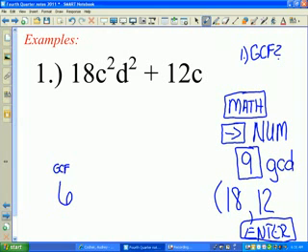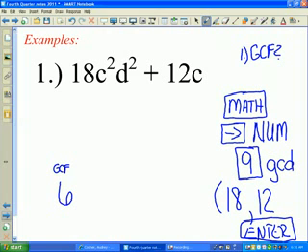So if you're given a list of 3 or 4 numbers that you want to find the greatest common factor for, you can only do 2 at a time. That's why I like to show you how to do it manually, and also how you can do it through the calculator. Okay? So my greatest common factor for the numbers only is 6.